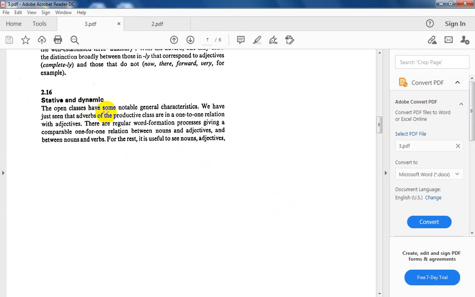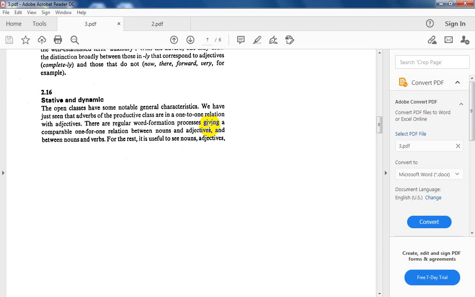The open class have some notable general characteristics. We have just seen that adverbs are a productive class. What does productive mean? I can produce new adverbs by just adding, for example, ly to the adjective. They are in a one-to-one relation with adjectives. What does one-to-one relation mean? Say happy, adjective, happily, adverb; heavy, adjective, heavily, adverb.